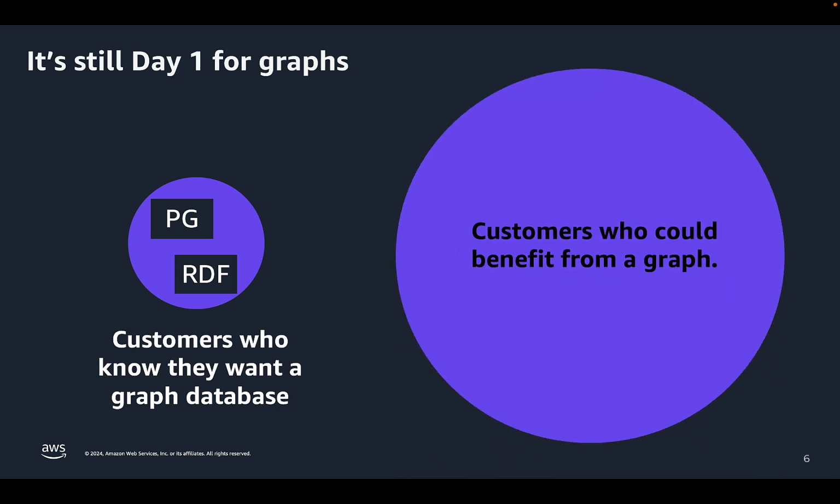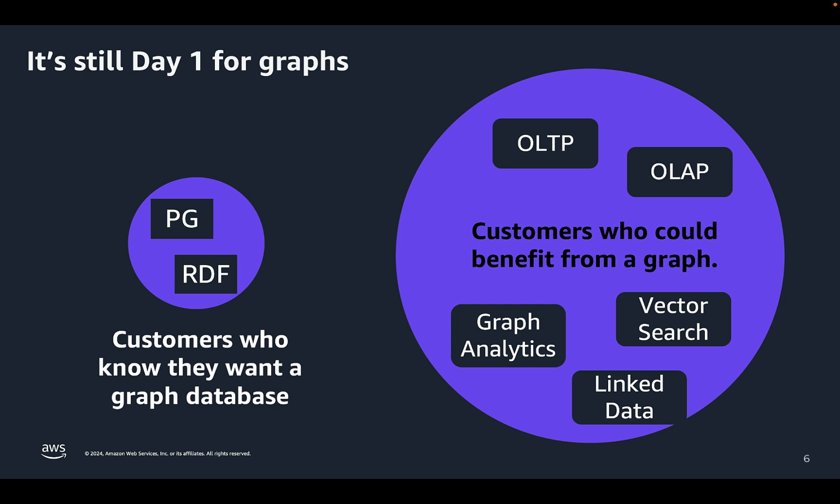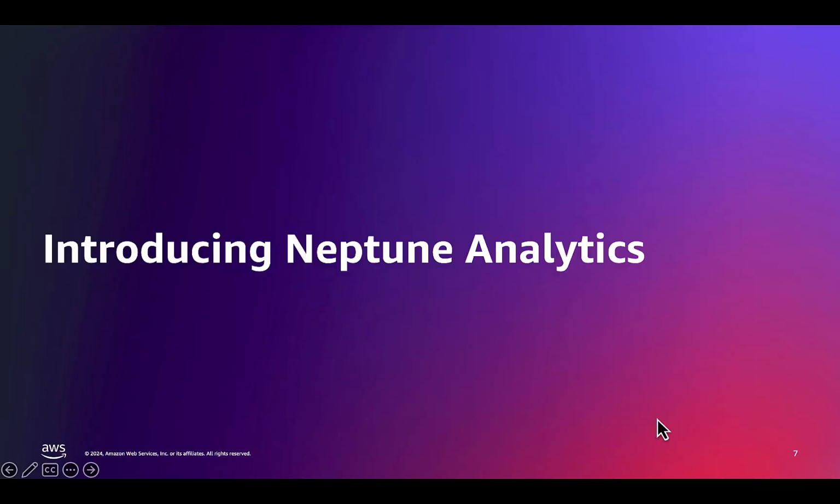But increasingly, customers are looking to do online analytical processing, or OLAP, including capabilities like graph analytics, vector search, and the intent to understand broadly their linked data. Accordingly, Neptune introduced a feature called Neptune Analytics.